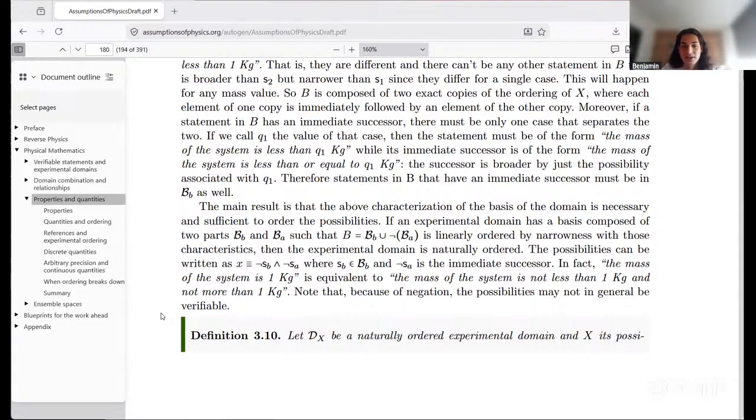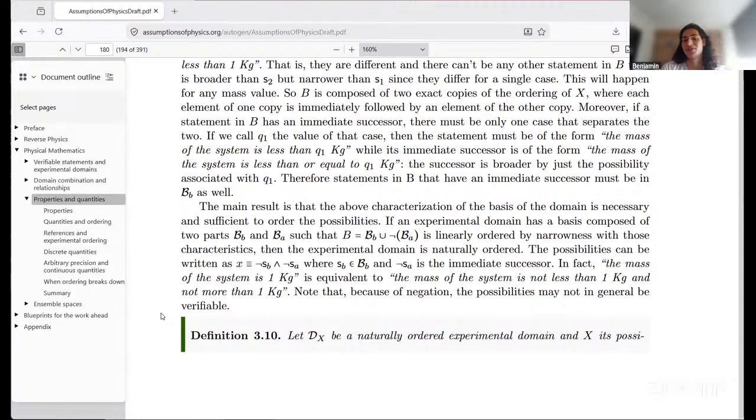All the possibilities X can be written as SB and not SA, where SB is in our before statements, and not SA is the immediate successor. In fact, "the mass of the system is 1 kilogram" is equivalent to "the mass of the system is not less than 1 kilogram and it's not more than 1 kilogram."